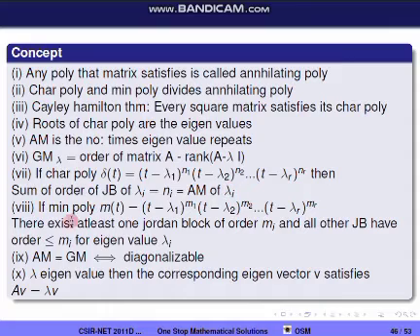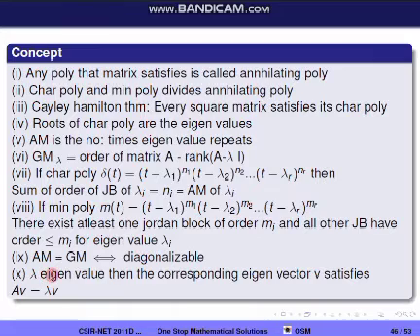If minimal polynomial m of t is equal to (t minus lambda 1) whole power m1, (t minus lambda 2) whole power m2, etc. up to (t minus lambda r) whole power mr, then there exists at least one Jordan block of order mi, and all other Jordan blocks have order less than or equal to mi for eigenvalue lambda i. AM is equal to GM if and only if the matrix is diagonalizable.